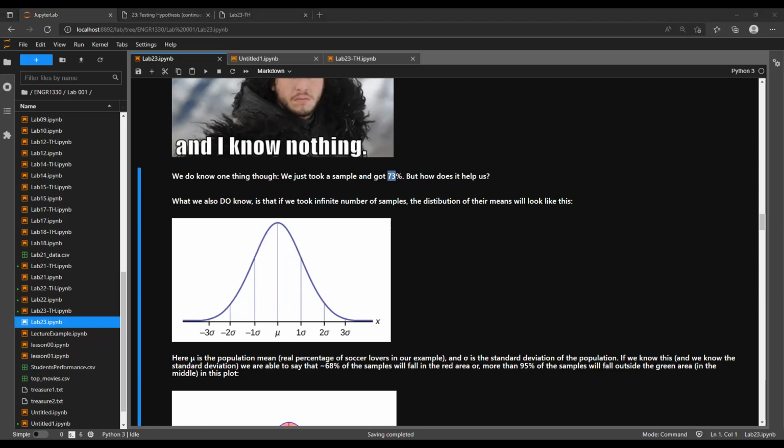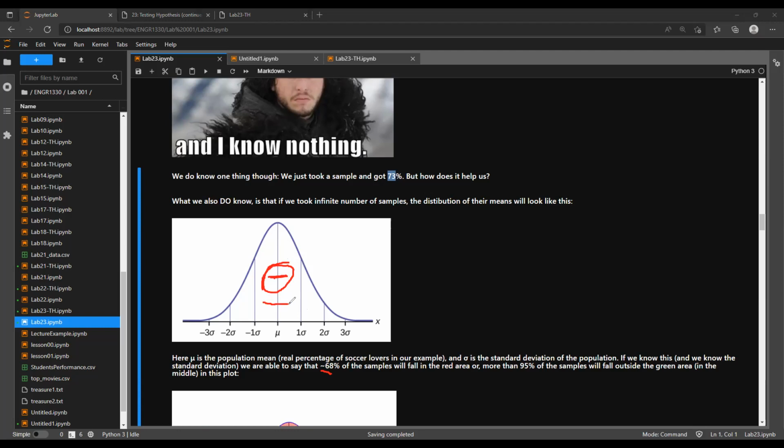So what does that get me? That gets me that if I go one standard deviation in either way, I'm going to get most of my population, at least 50%. The actual number is 68%. So if I go one standard deviation in either way, I'm going to get 68% of my population.